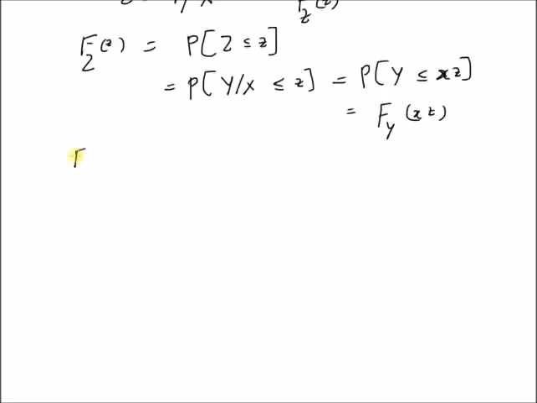In order to find F_y of xz, which is by definition the probability of y less than or equal to xz, it is also defined as the integral from minus infinity to xz of f_y of y, that is the PDF of y, dy. So this is the definition of the CDF at xz.